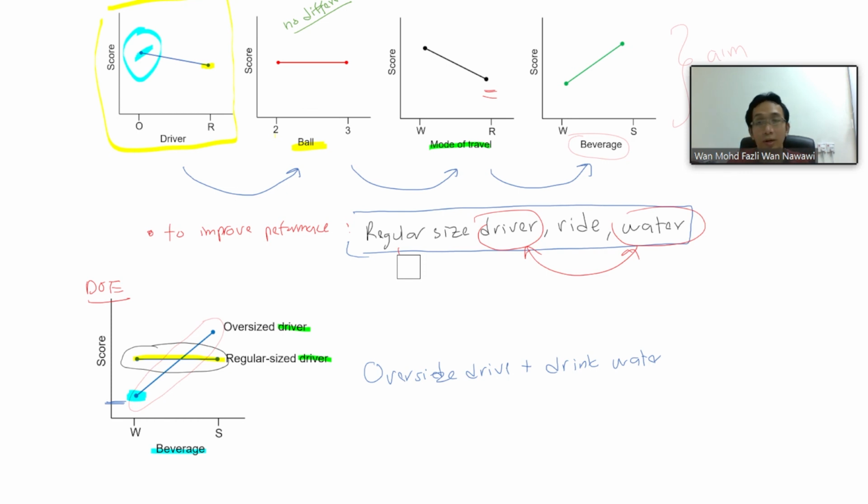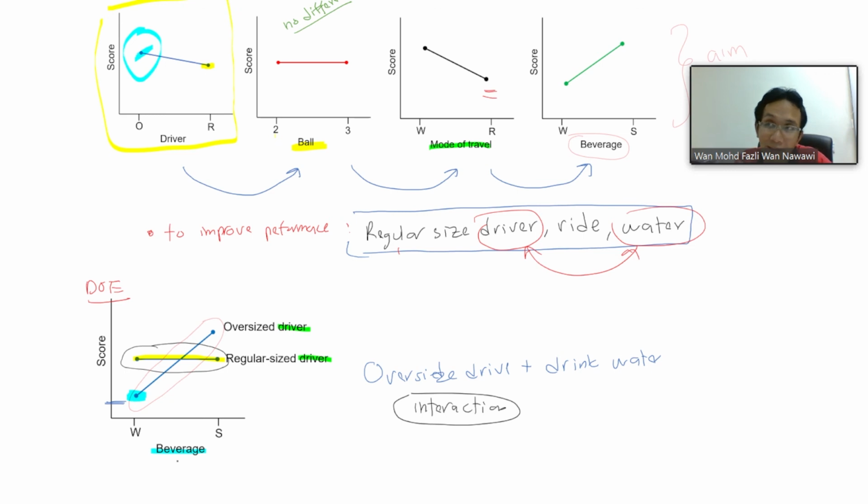This is what we call interaction. You want to find what happens if you use a different thing. This interaction is between factors, because the driver is one factor and the beverage is another factor.